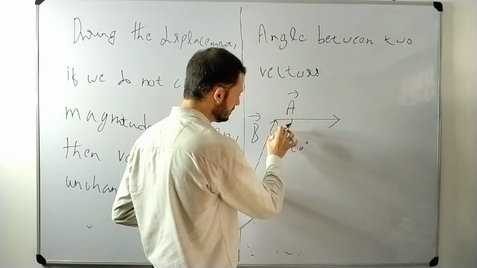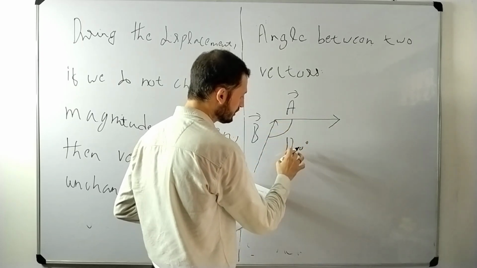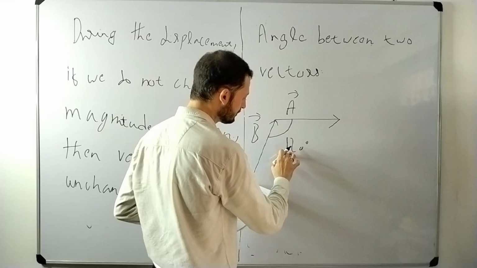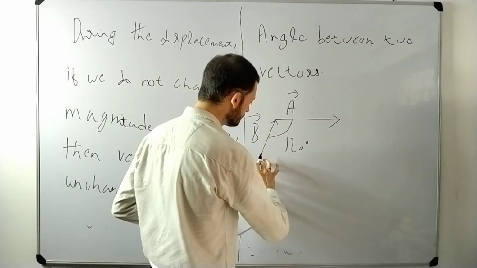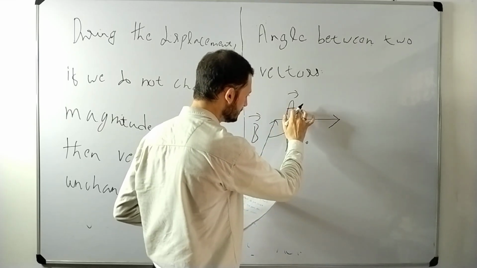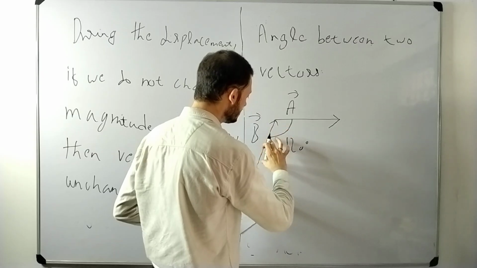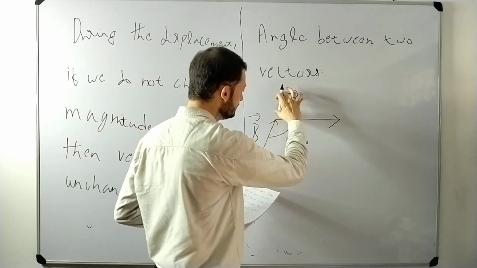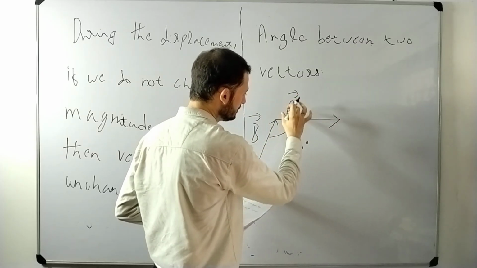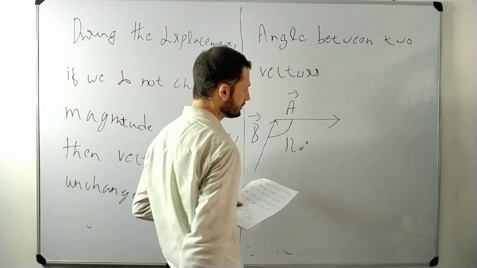But this angle cannot be the angle between A and B. Why? Because I can parallelly transport this vector to here, making an angle of 60 degrees between them.